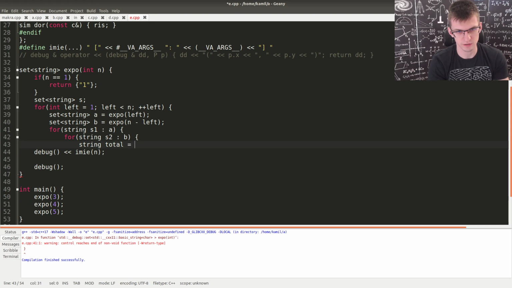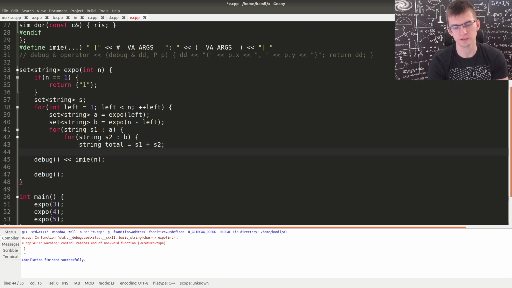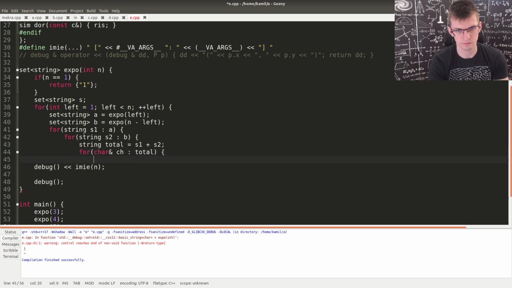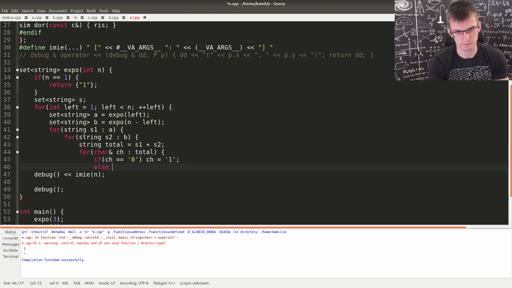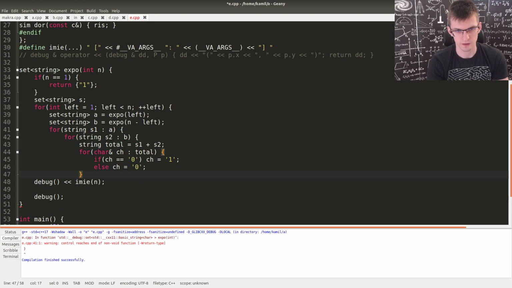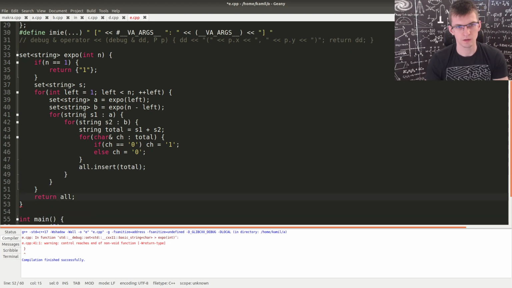This is s1 plus n2 plus s2, but everything is flipped. Like that. This corresponds to plus and minus, whatever. Insert. I could add memoization, but whatever.